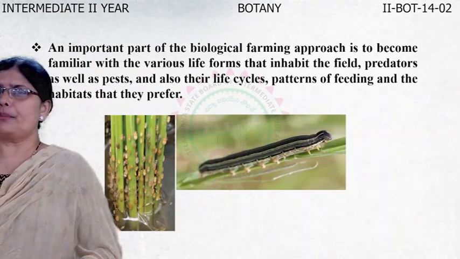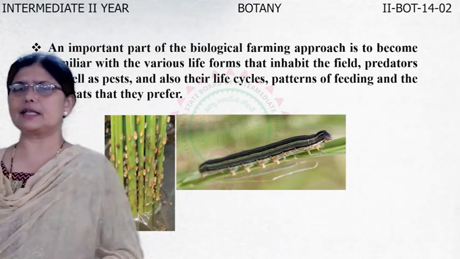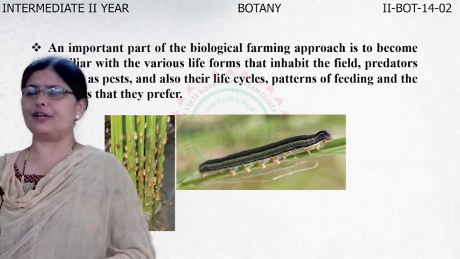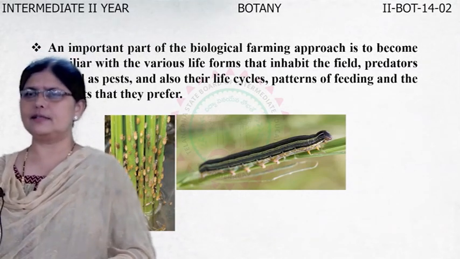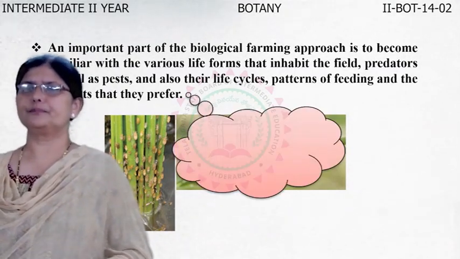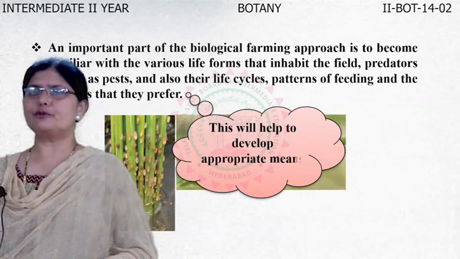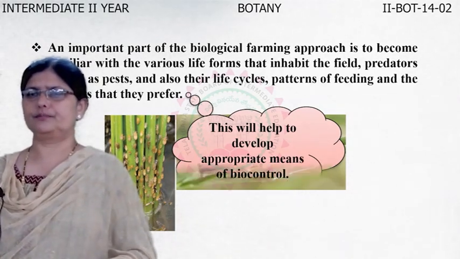An important part of the biological farming approach is to become familiar with the various life forms that inhabit the field, predators as well as pests, and also their life cycles, patterns of feeding and the habitats that they prefer. This will help to develop and appreciate means of biocontrol.